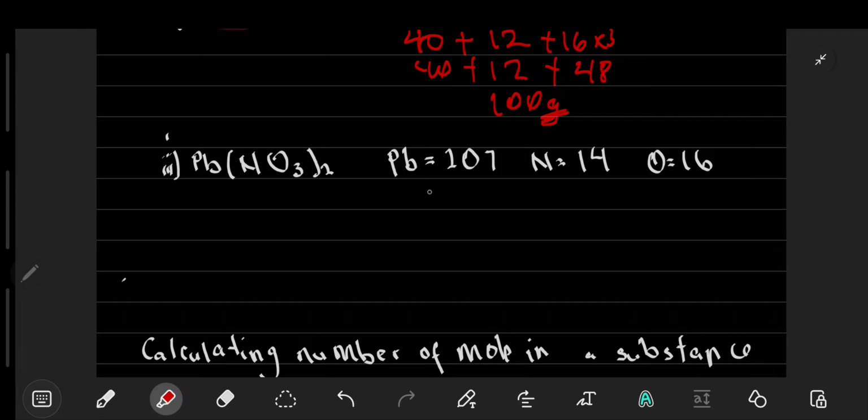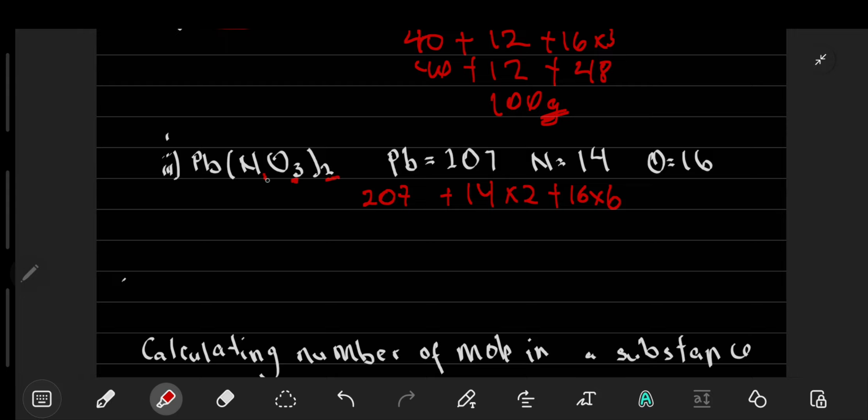But again, we only have 1 lead, but then we have 2 nitrogen, and then we have 6 oxygen. Okay, keep in mind that we have 3 here, and then we have 2 of it here. So 3 times 2 would give us 6.